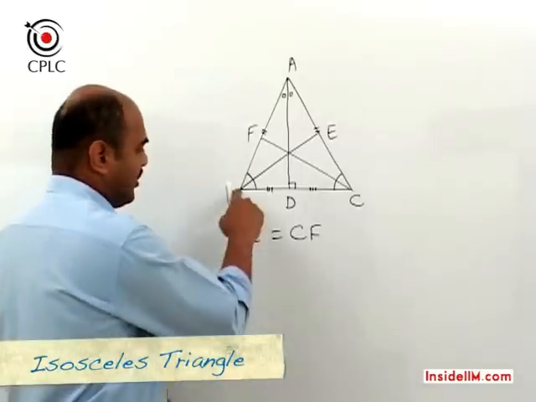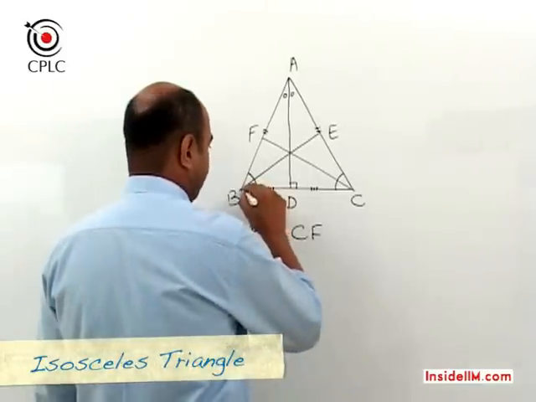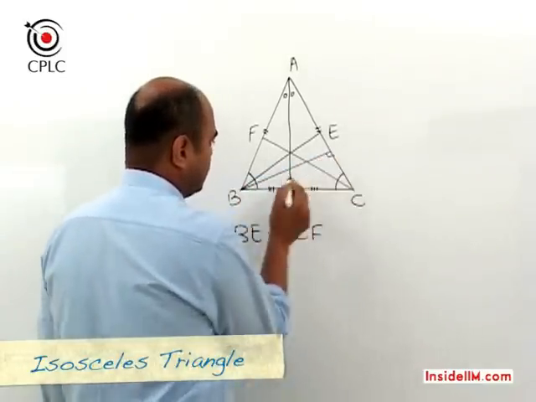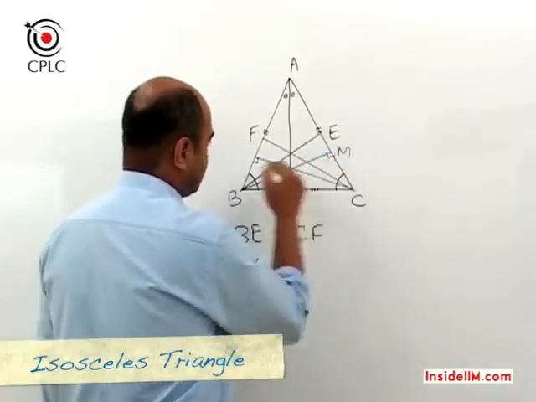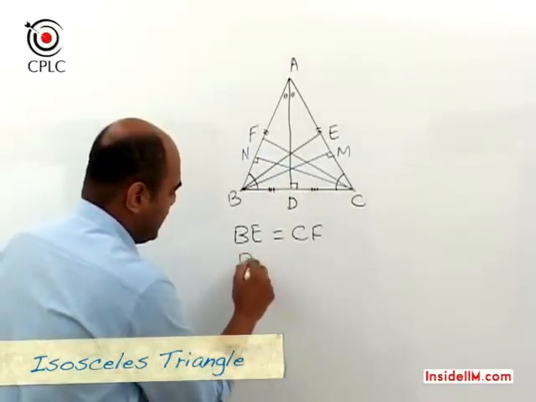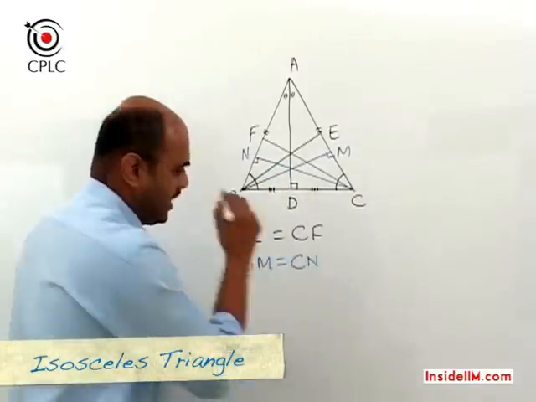Similarly, from these other two vertices, if we draw the altitudes and label them as M and N, BM is equal to CN.